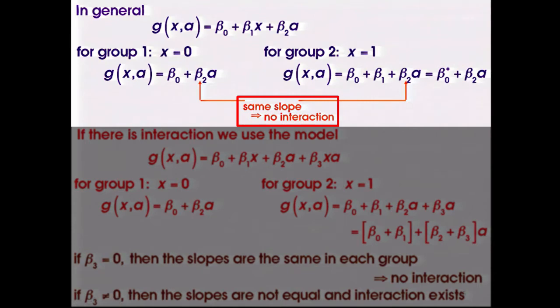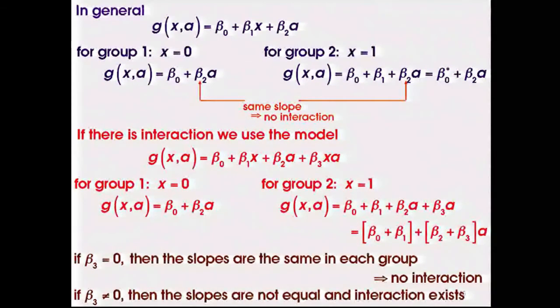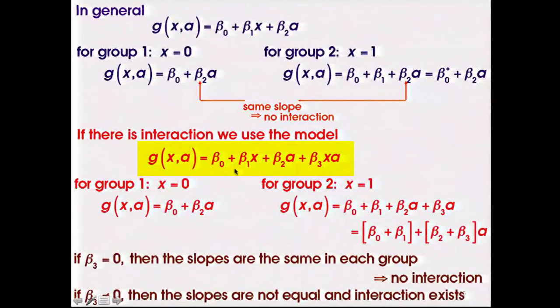That suggests no interaction. But if there is interaction present, then we have to use this model that has x, it has a, but it also has the interaction between x and a. And the interaction is literally the product of the two variables, x times a. And we include that as a third variable in the model.